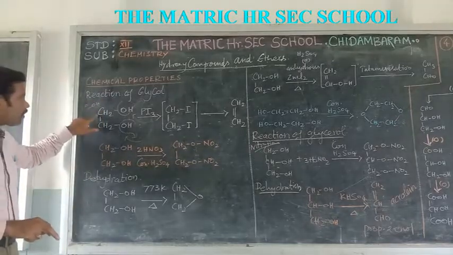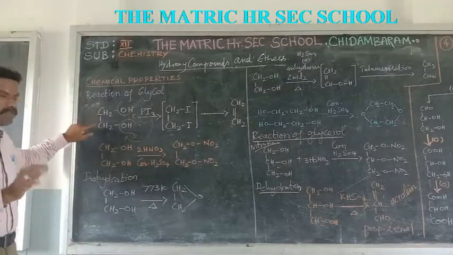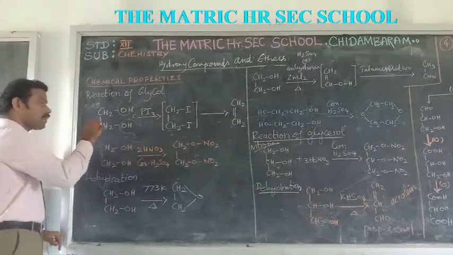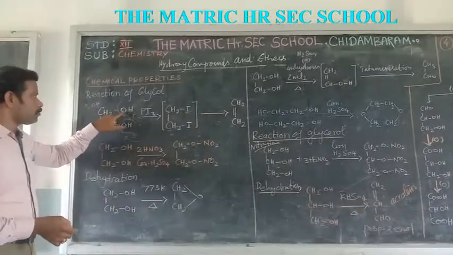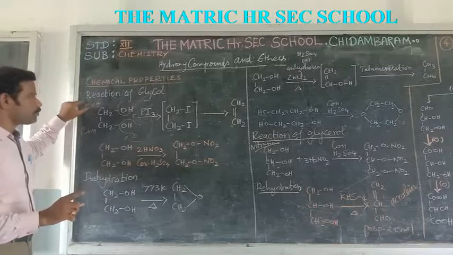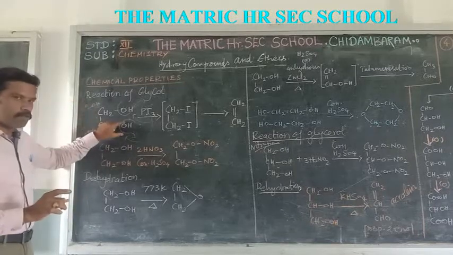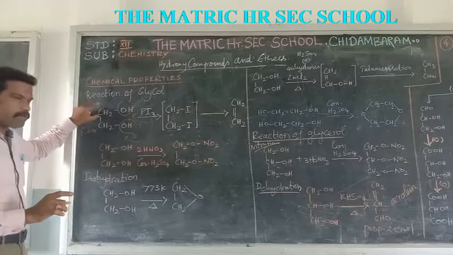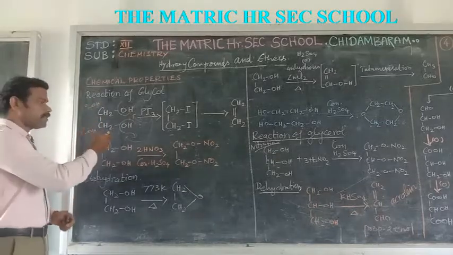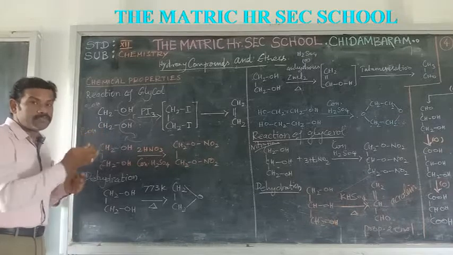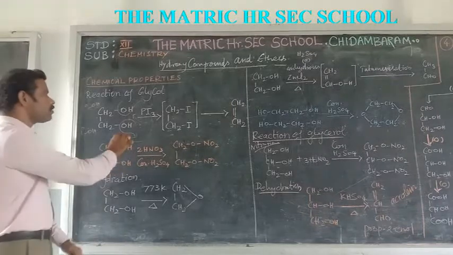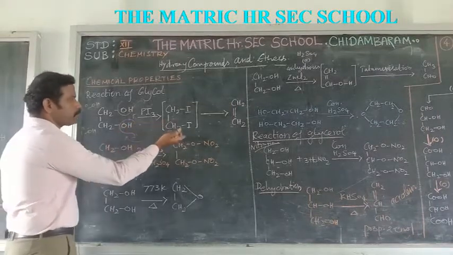The first carbon is primary, and the second carbon is also primary. I already explained this in the last class: if the functional group is present at a carbon that is directly bonded to only one other carbon atom, the carbon is primary in nature. So in ethylene glycol, both carbon atoms are always primary in nature, and the reaction is the same. So two iodine groups substitute on these carbons.